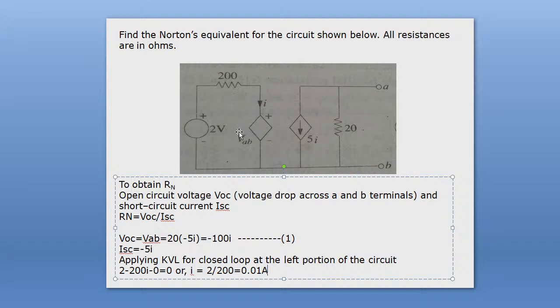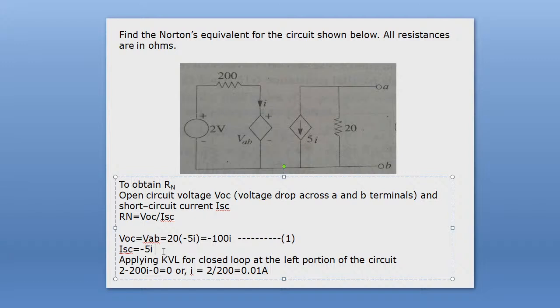If you consider this closed path and this is shorted out, that means VAB equal to 0. So you can write 2 volt minus 200 I plus 0 equal to 0. Therefore I equal to 2 by 200, that means 0.01 ampere.